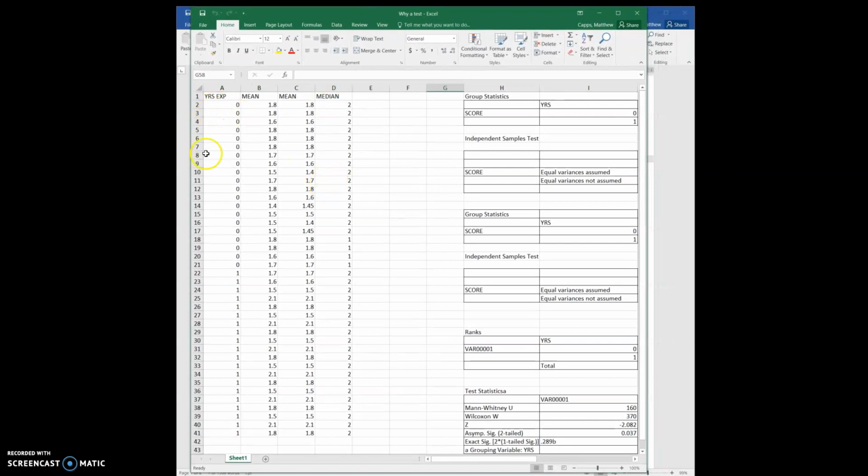So on here we have 0 years of experience and 1 year of experience. And we had everybody complete the job scale, and there's a couple of things that happened here. This column is where we left everything where it is, not rounded up. So I want you to notice there's only 2 scores that we didn't round up. And if you round up, that is a conscious choice on the part of the researcher to do that.